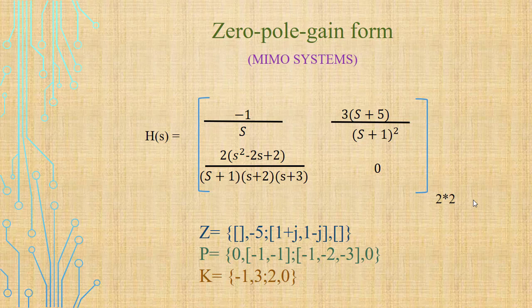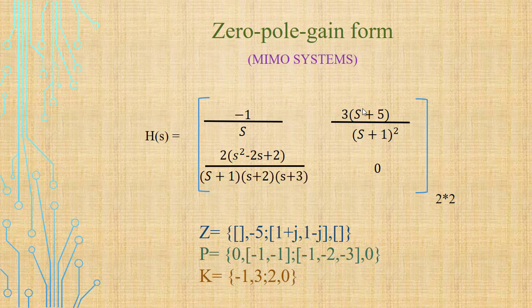We can also define MIMO systems with a zero-pole gain form. Now we consider system H with 4 separated transfer functions. We have to write here all zeros together and also all poles and all gains. For H11, we don't have zero, we write here just empty brackets.